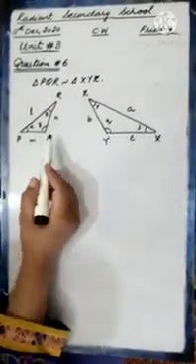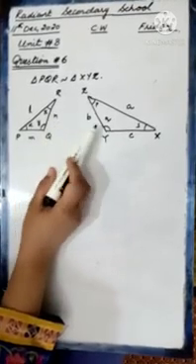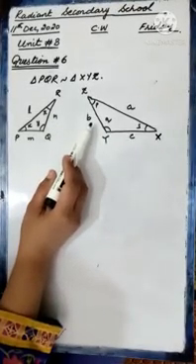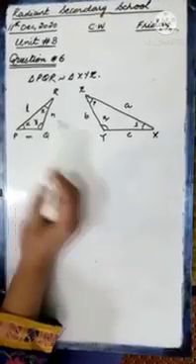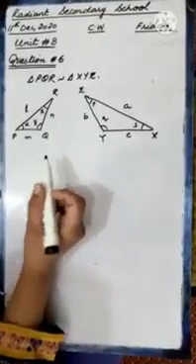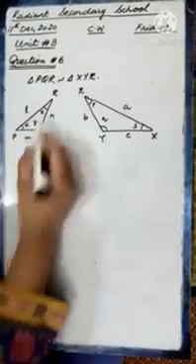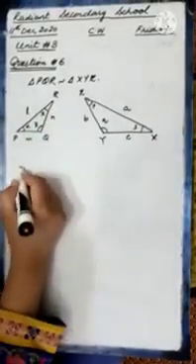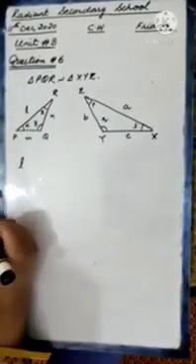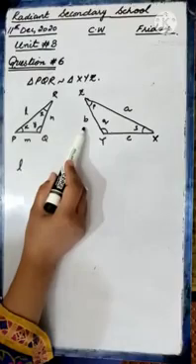Now, you know, according to the property, if the figures are similar, it means the ratio of their corresponding sides is equal. So we can say this side is L. Now what is the corresponding side of L? Is it B?